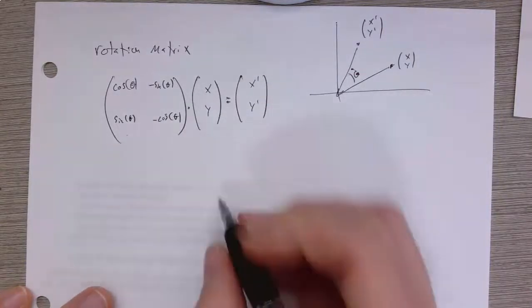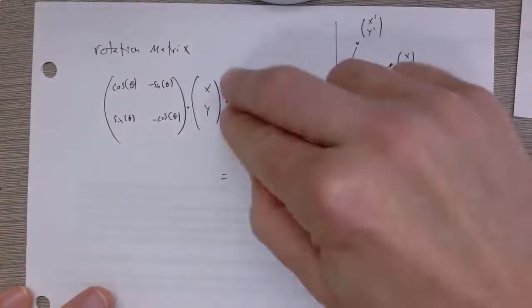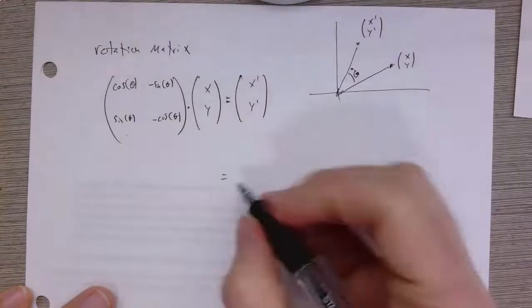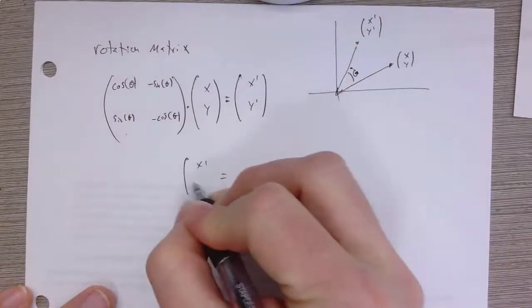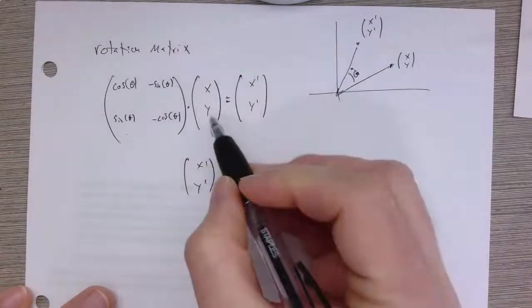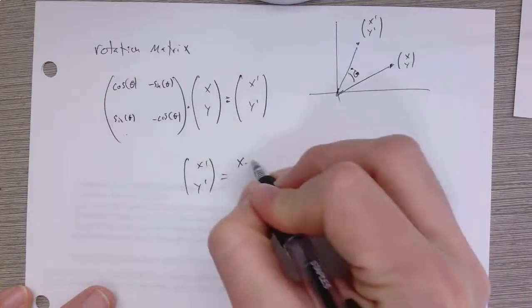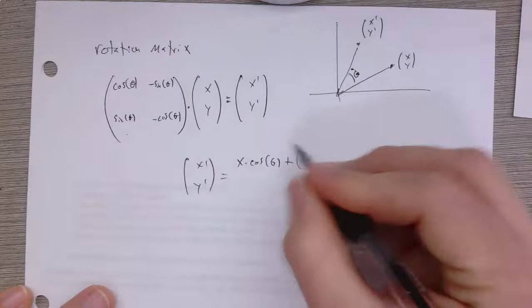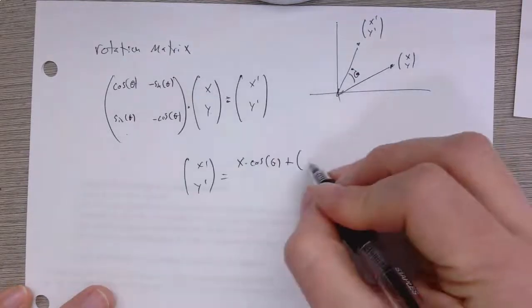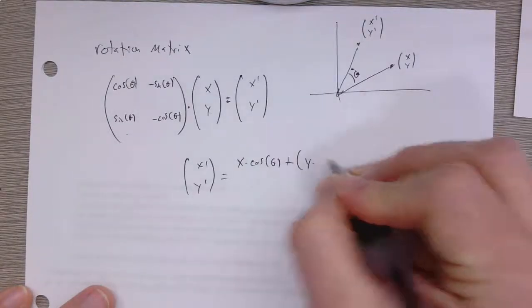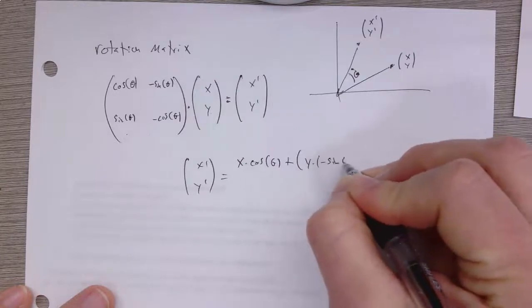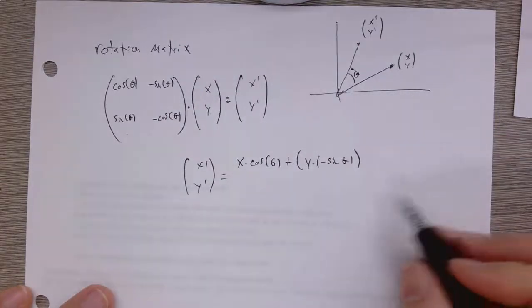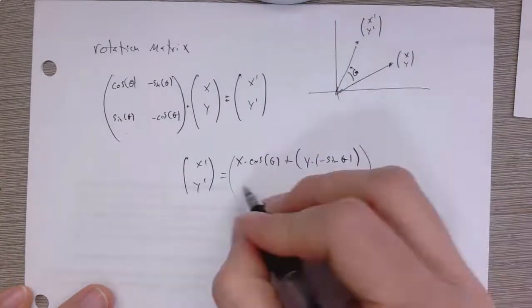If you know about matrix multiplication, you take your xy, and multiply it here to get your x prime. So x prime, y prime: I'd have x times cosine theta plus y times negative sine theta. That's x prime.